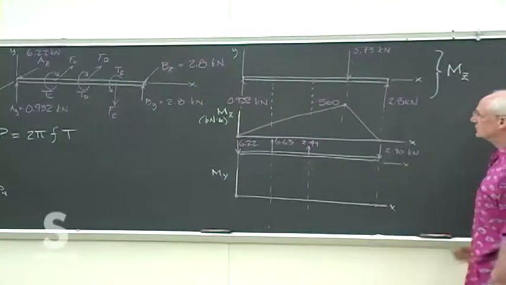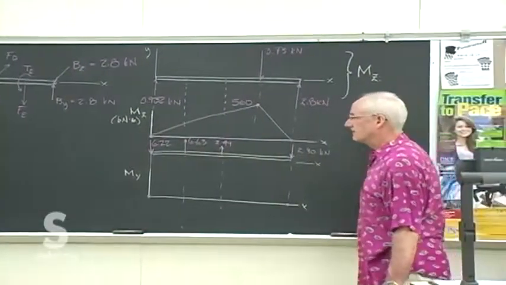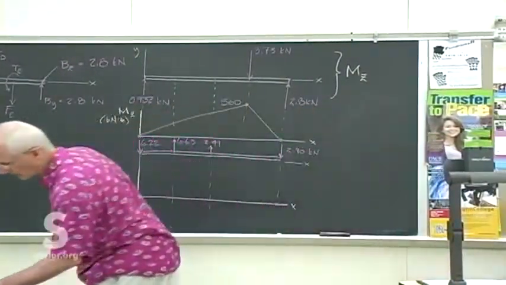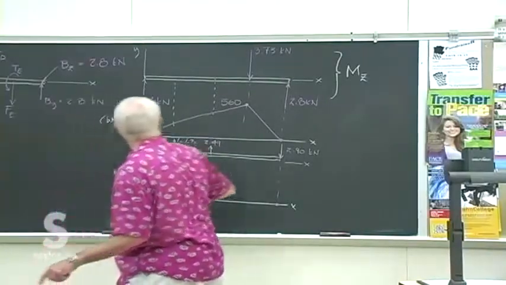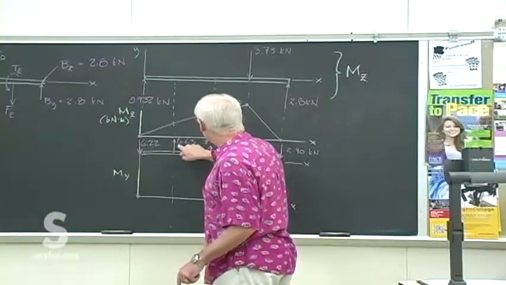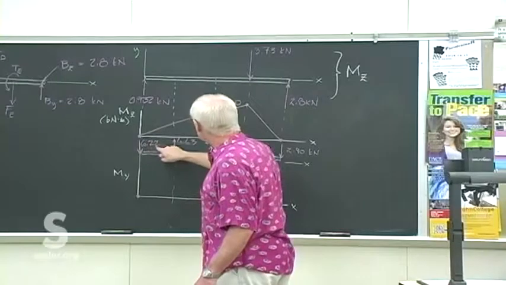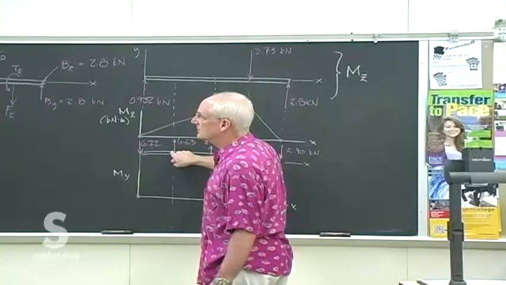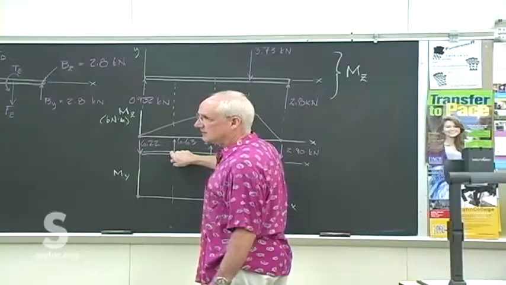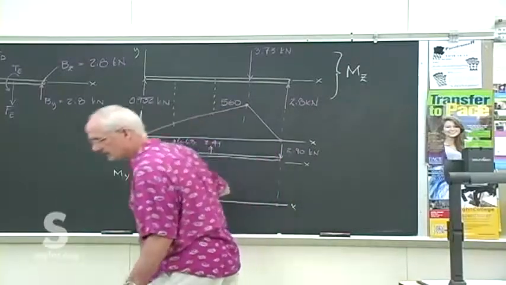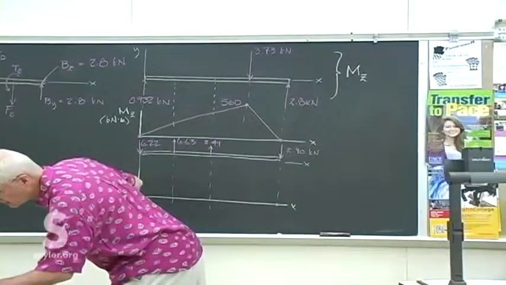Those are simple journal bearings. They don't really support any moment. And so we can get then, knowing we have this 6.22 over this first 200 millimeters would give us a moment of, did you hit it, John?